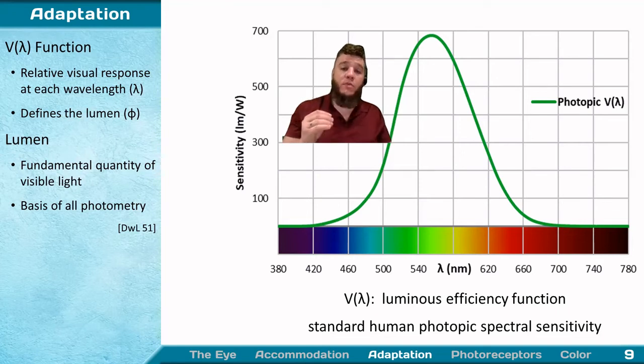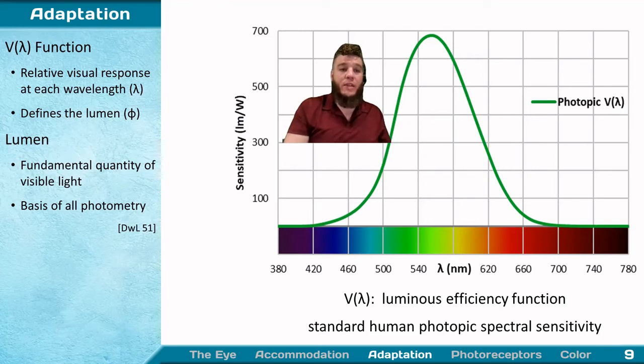And we use this function to define the lumen. Basically, if we take the sensitivity of light at each wavelength, we can evaluate it according to the relative sensitivity over here along the y-axis, and that will give us lumens if we integrate across this function.